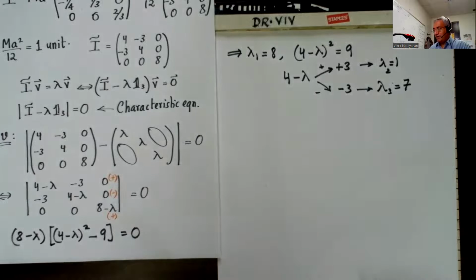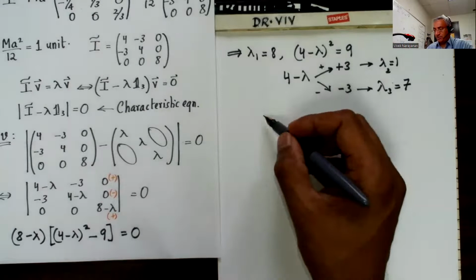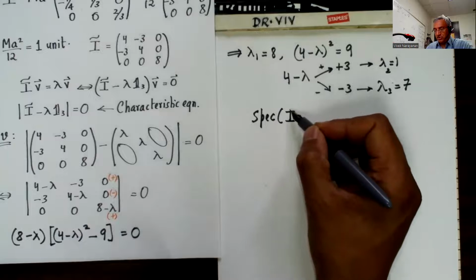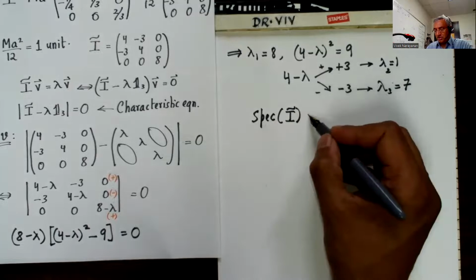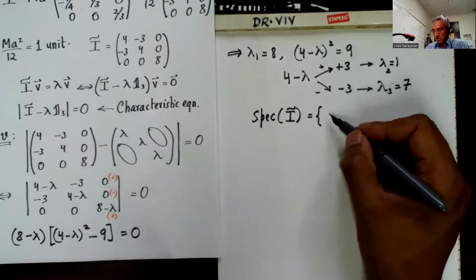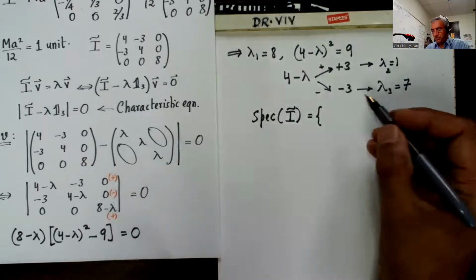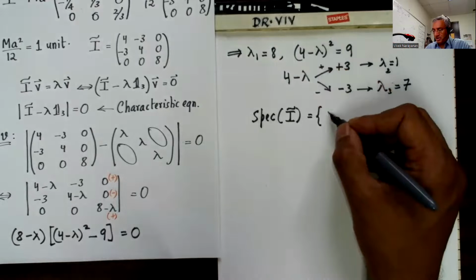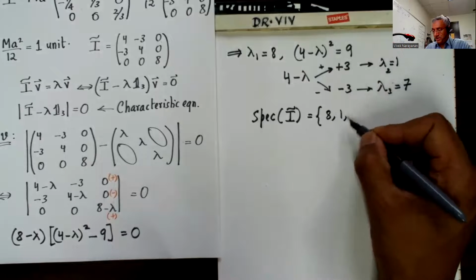In this manner, we have found the entire spectrum of eigenvalues. The spectrum of the inertia tensor, I tilde, is usually ordered from least to greatest, but since I've already called that lambda 1, I'll use that notation: 8, 1, and 7.